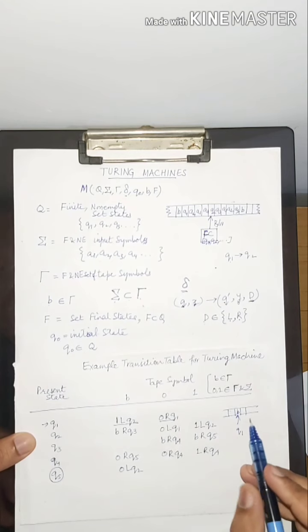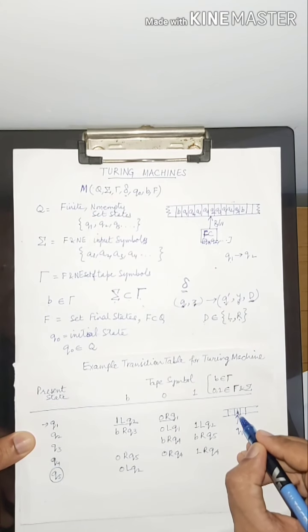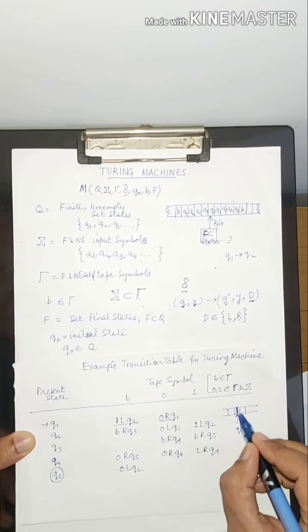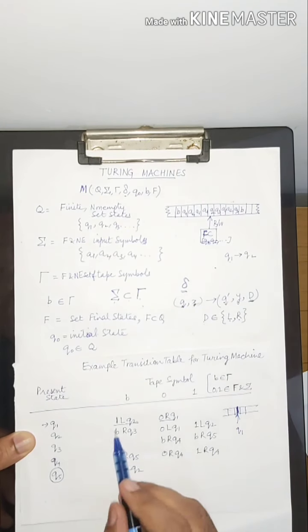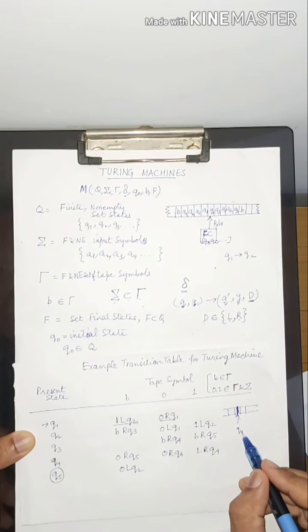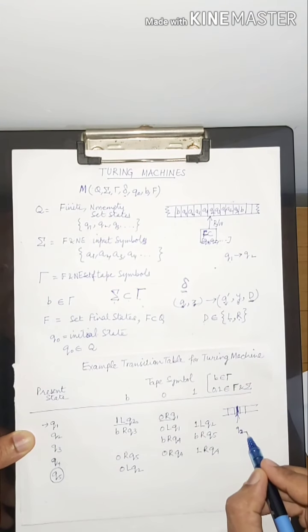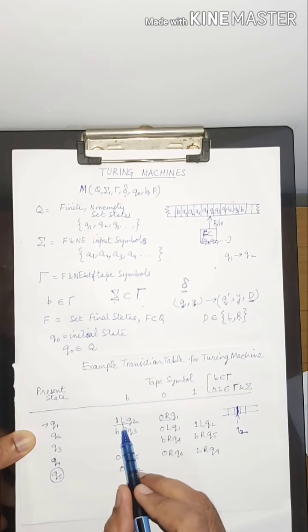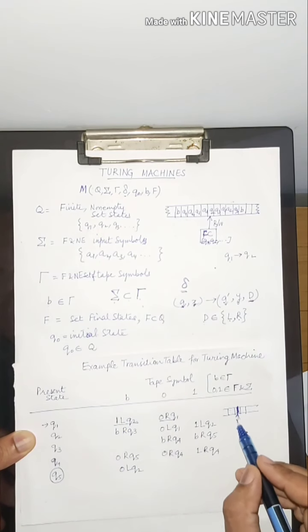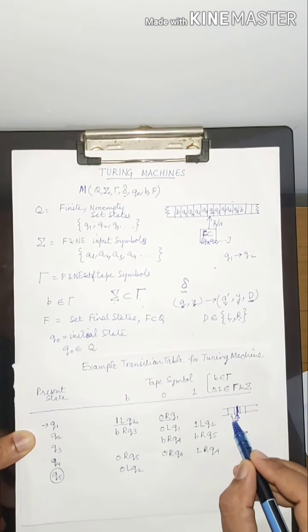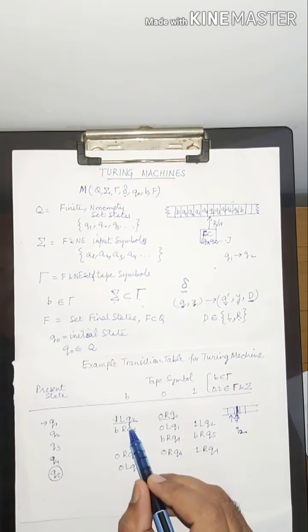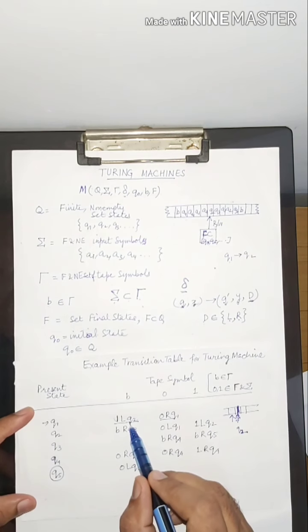So it will remove this B from the tape and will write this symbol, so B will be replaced with 1 and the state will switch to Q2 now. And thirdly, the head will move one step left, so the head will move to this location. So that is the complete meaning of this entry.